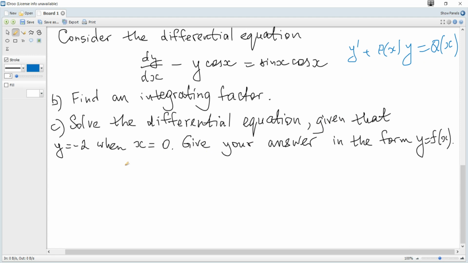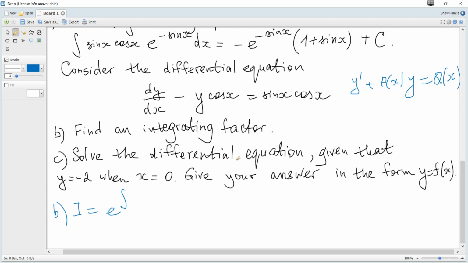So the integrating factor is equal to e to the power of integral p of x dx, and p of x is negative cosine, so negative cosine dx.